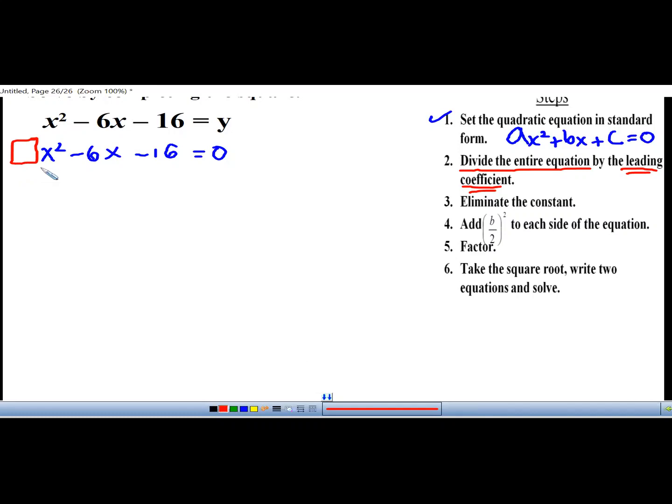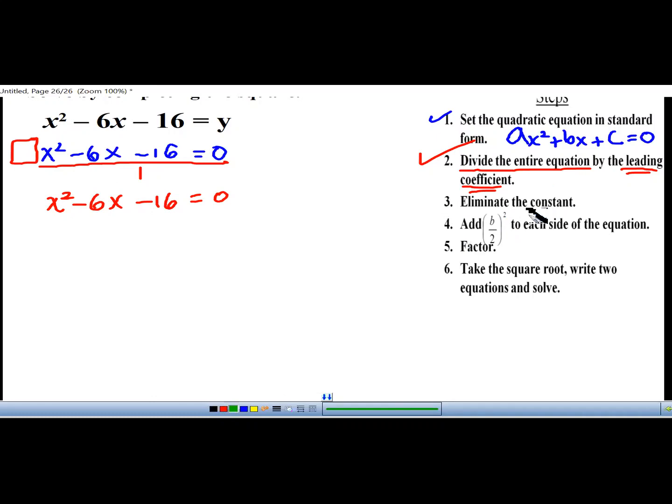It's a 1. So I'm going to divide the entire equation by 1. So x squared divided by 1 is x squared. Negative 6 divided by 1 is negative 6. Negative 16 divided by 1 is negative 16. 0 divided by 1 is 0. Step 2 is done.